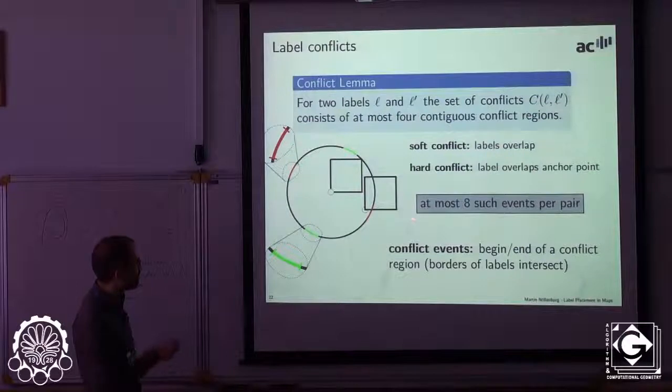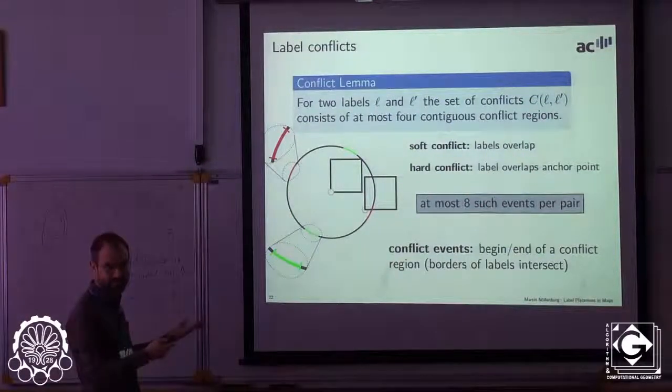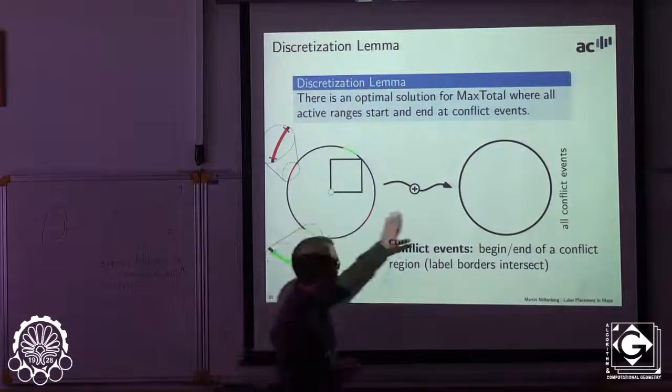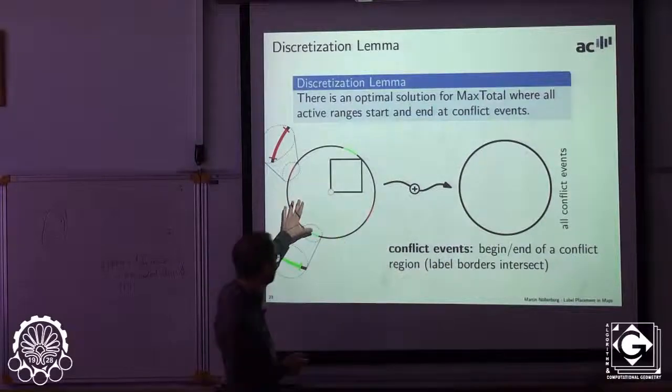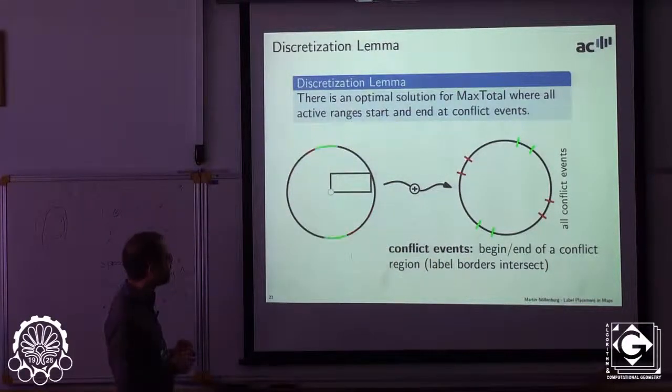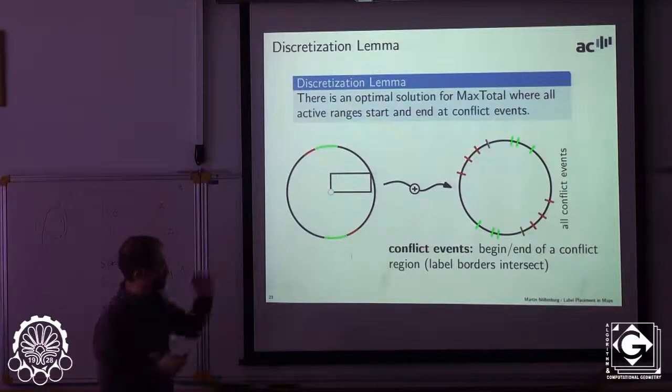Because we have at most 4 contiguous ranges, there are at most 8 conflict events from one pair of labels. So if we take the global view now, we have one pair giving 8 conflict events, and you do this for multiple pairs, so you would get more conflict events. But for every pair, 8.